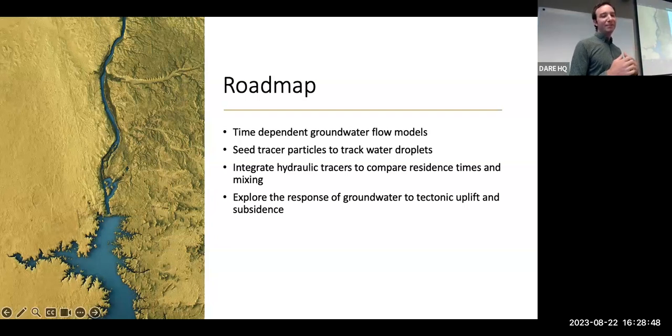Yeah, and then following from that, we can start to explore the response of groundwater to tectonic forces. So this is integrating over very vast geological timescales, where very, very small changes in tilt of the Australian continent can have drastic effects on groundwater flow velocities and the distribution of recharge and discharge zones within Australia.